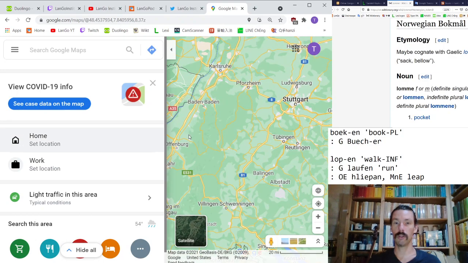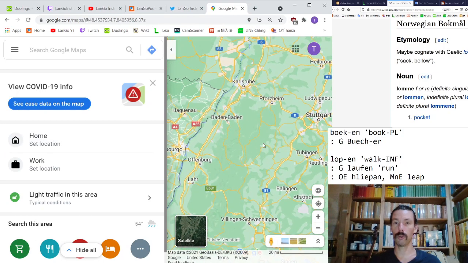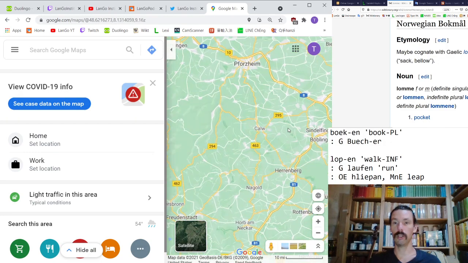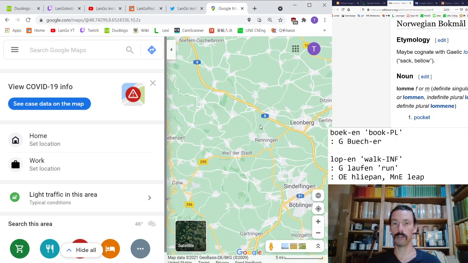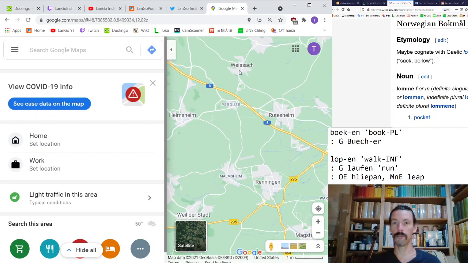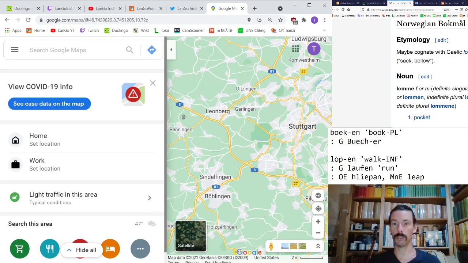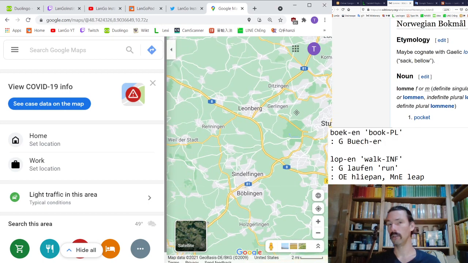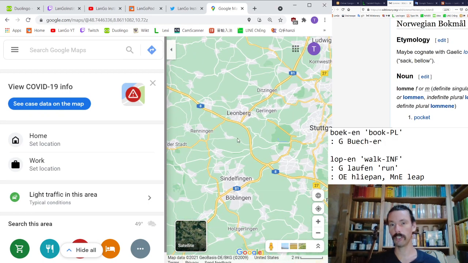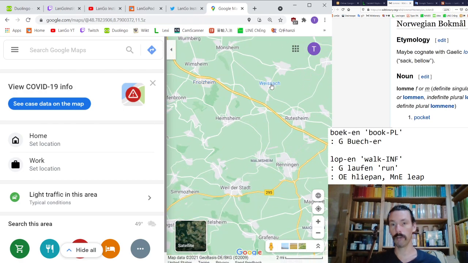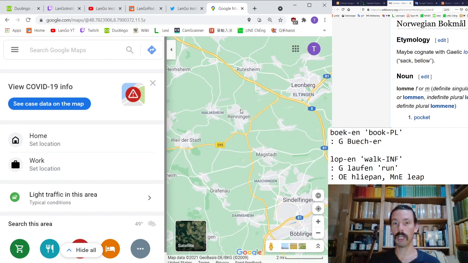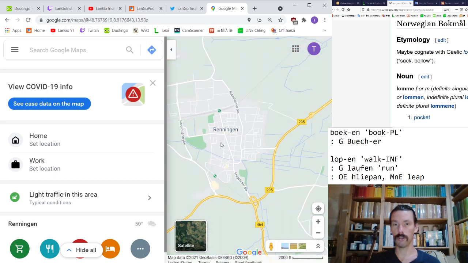And we were between Stuttgart and the French border, in here. So the first place we lived for several years is Weissach. We're just a little bit northish, but west of Stuttgart. Leonberg was a nearby larger town. Weissach was our house where we were from '91, '92 to '95. And then we moved to Renningen for five, six years.